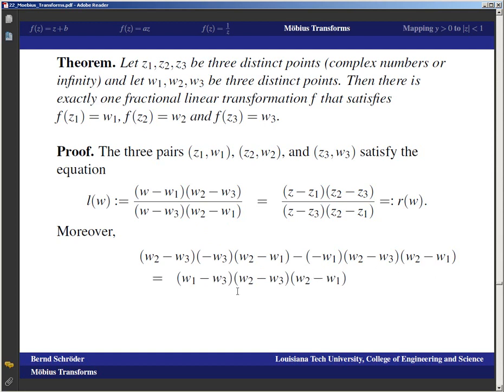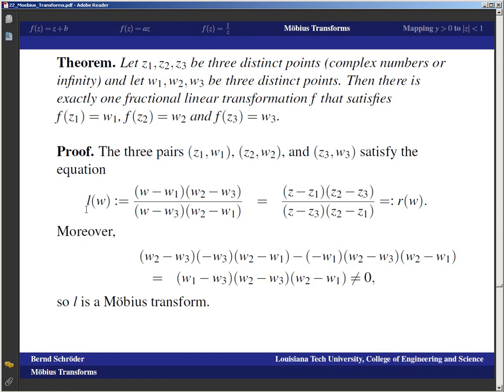Notice that ad minus bc is equal to, let's see, we've got this term in common, this term in common, so we just end up with negative (w1 minus w3) times the two other terms that were in common, and that's not equal to 0 because w1 through w3 were 3 distinct points.